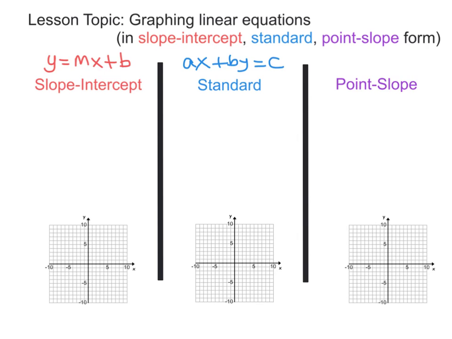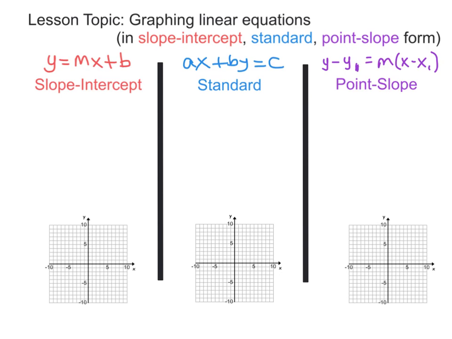And the third type is point-slope form. Point-slope form is y minus y1, that's a 1 there, equals m times the quantity x minus x1. All right, so let's talk about each of those variables as well.